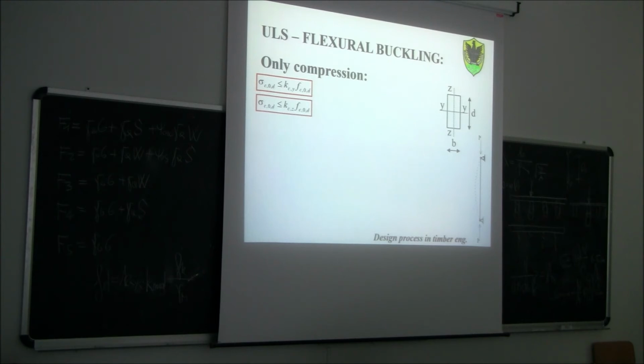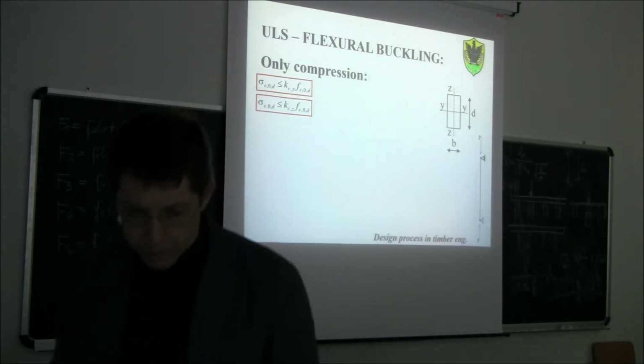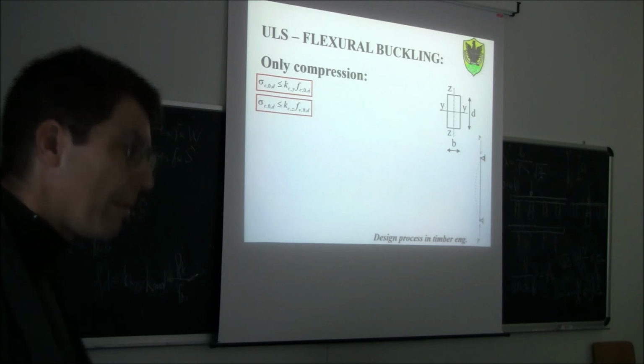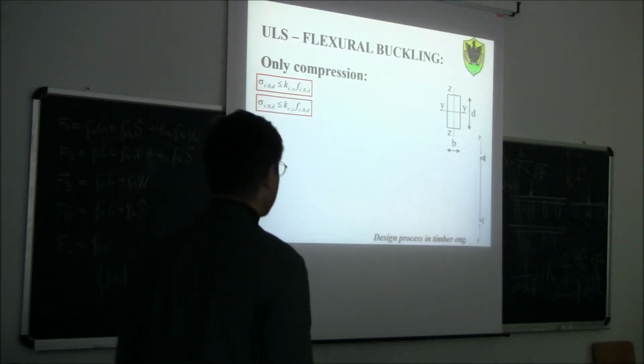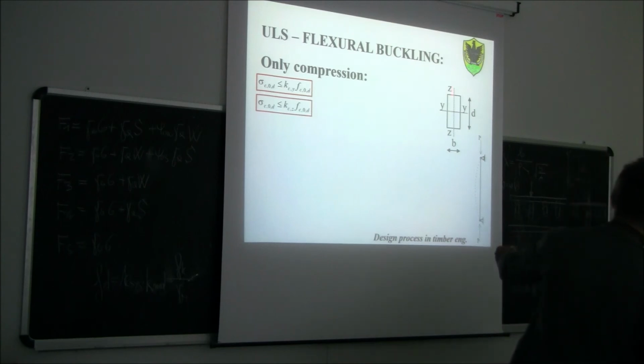So, how does it work? If we have a slender member in compression, first of all, we need to find out the slenderness ratios of the member. Why am I talking about slenderness ratios in the plural? Because we need to always consider both directions.